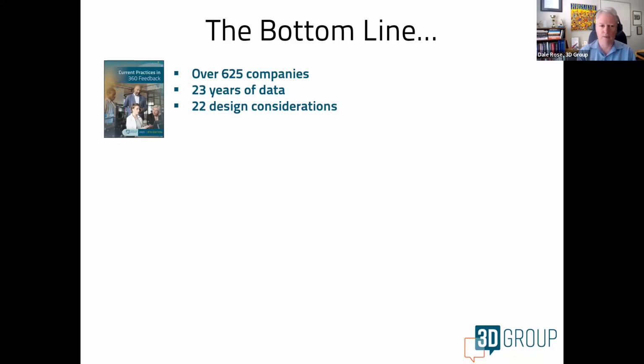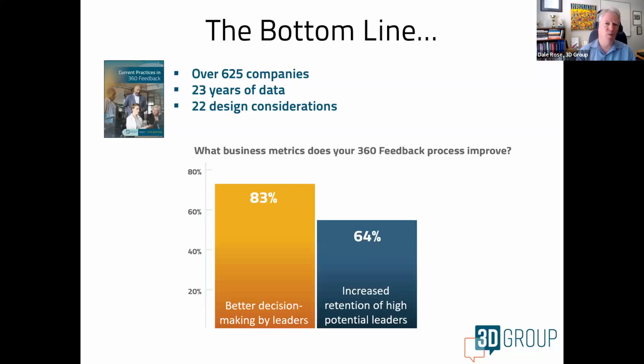One of the data points, again driving to the bottom line, has to do with people's views around the metrics that 360 drives. What we hear companies say, and this has been the same a couple of years running now, is that 360s really help drive better decision making for leaders.